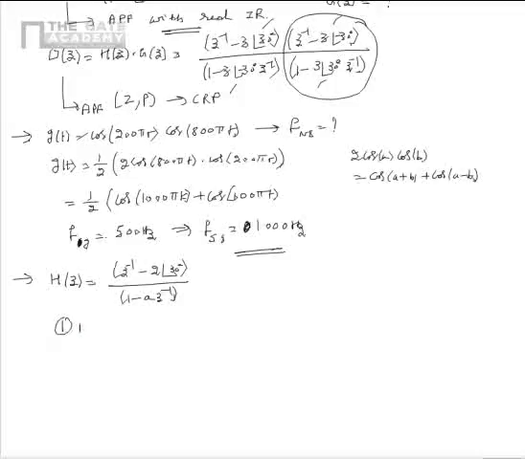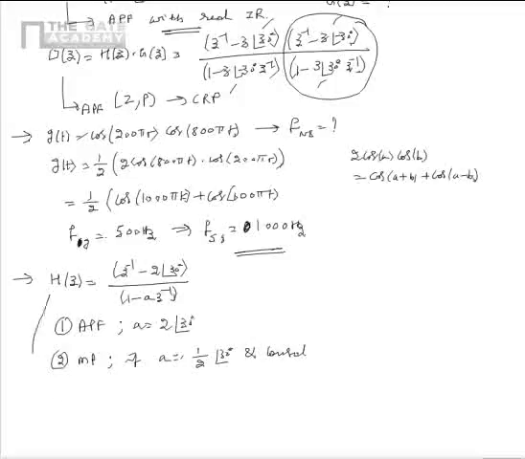Statement 1 says that the system is an all pass filter if a is equal to 2 at a phase of 30 degrees, and as per statement 2, the system is minimum phase if a is equal to 1/2 phase 30 degrees and causal.